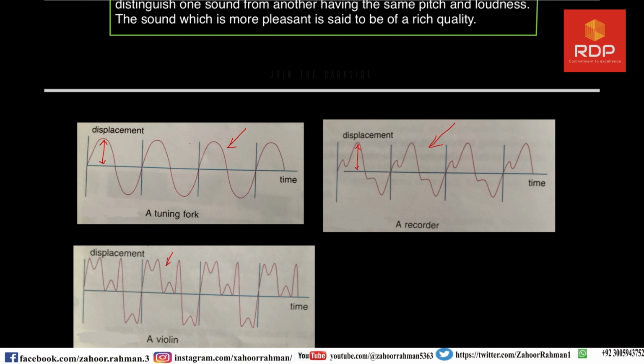This is the waveform produced by a violin. This is a waveform produced by a recorder, and this is produced by the tuning fork. So whatever sound feels good to your ear is of high quality.